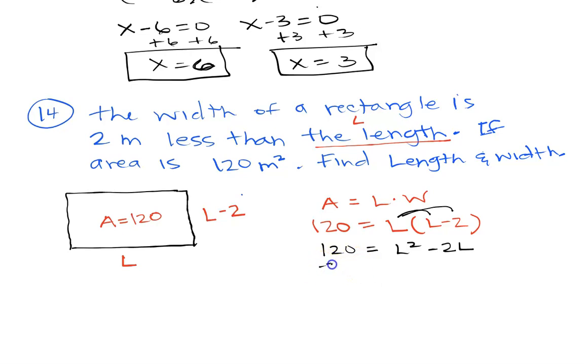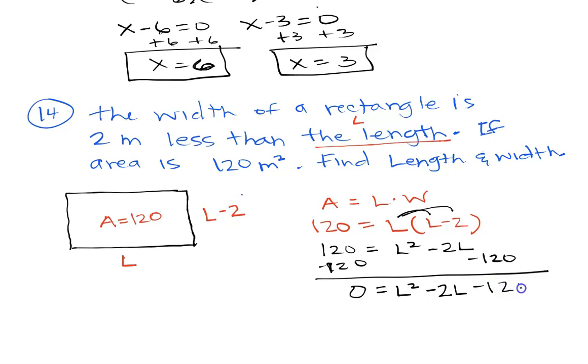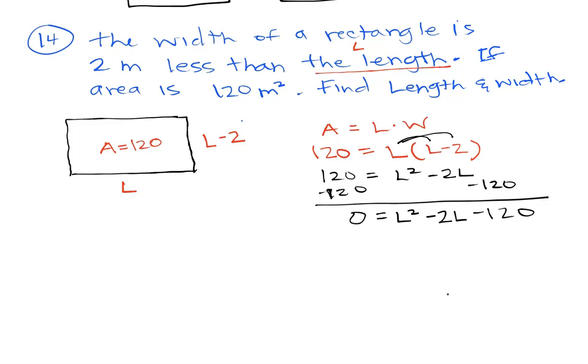Now I want to subtract the 120 over so that I can get 0 on one side. So 0 equals L squared minus 2L minus 120. And this is what I need to factor in order to find the length.